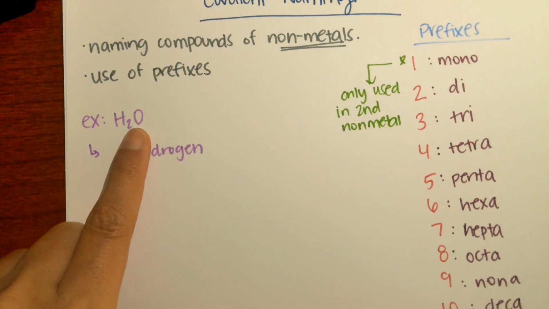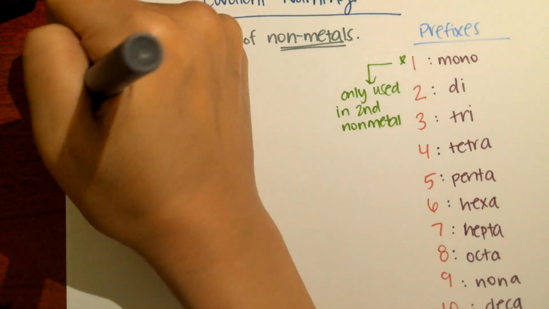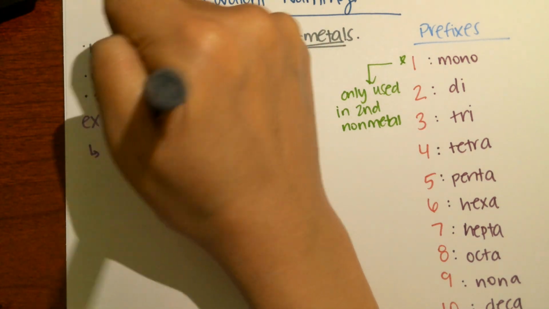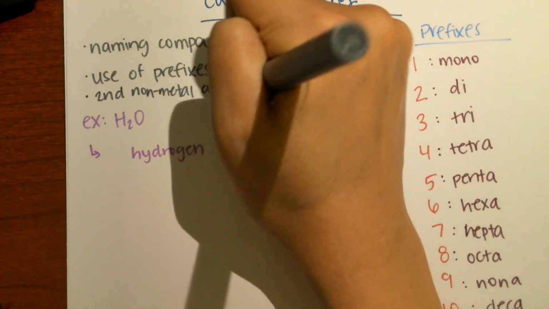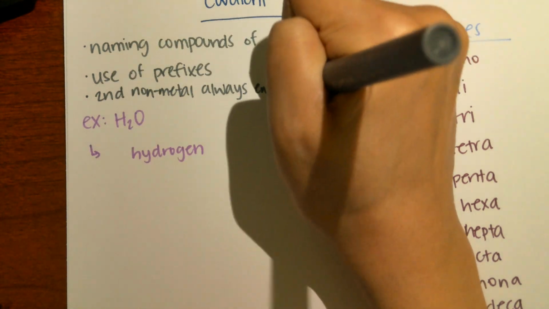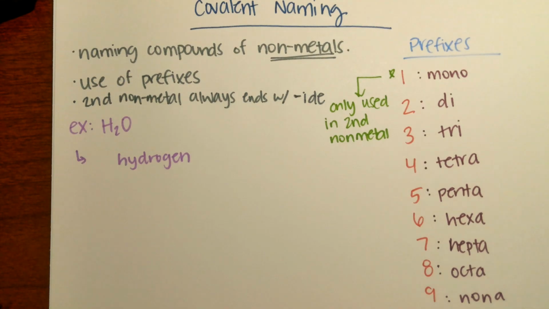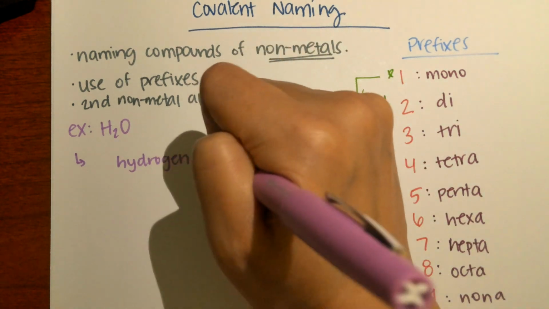The second nonmetal always ends with "ide," so oxygen is oxide, chlorine is chloride, fluorine is fluoride, etc. So the O would be oxygen, and we turn that into oxide.